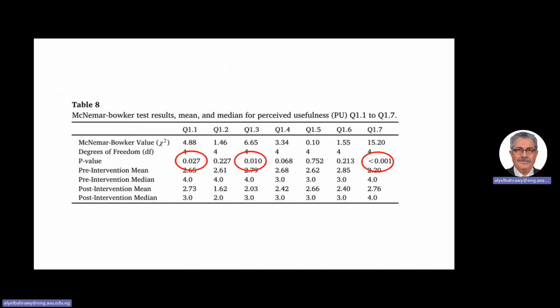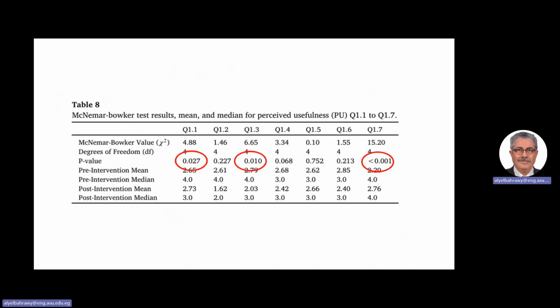Here, table 8 shows test results in terms of mean, median, and perceived usefulness, Q11 to Q17, and I put some red circles regarding the p-value.